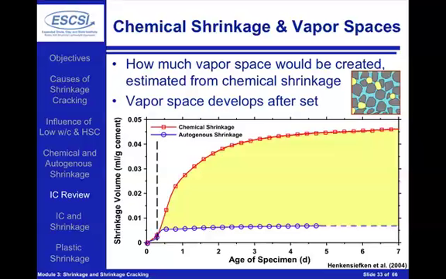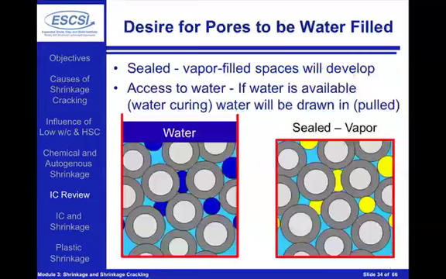But what you'll notice here is the area shown in yellow is essentially the difference between the chemical and autogenous shrinkage. That's the vapor-filled space that's going to be forming. And really what we're trying to do is a simple calculation that says, what's the volume of the chemical shrinkage that's occurring? That's the volume of water that I want to supply inside of the lightweight aggregate. So the desire here is to really try to keep the pores filled with water.